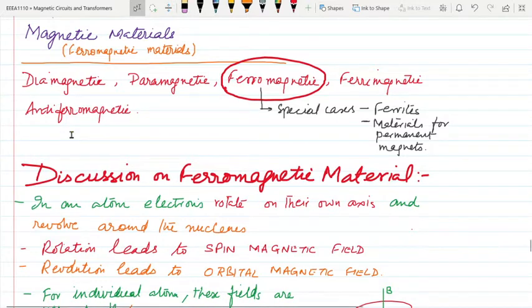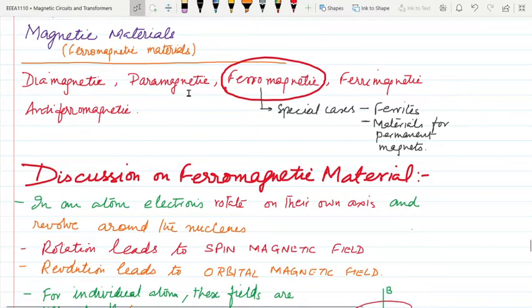So coming back to this discussion, diamagnetic materials are those materials in which, if we put this material inside an external magnetic field, the magnetic domains, which we will discuss later, or the atoms will not align or very weakly align in the opposite direction to the magnetic field.